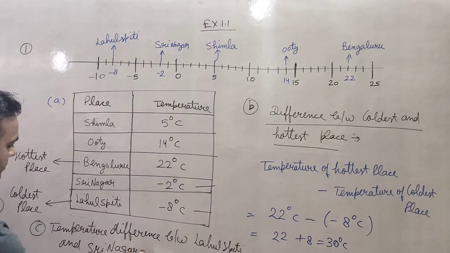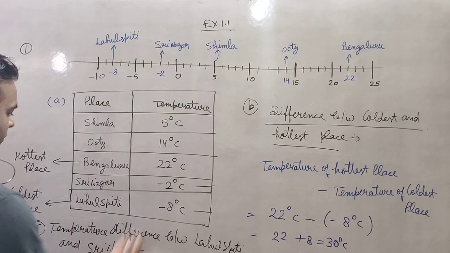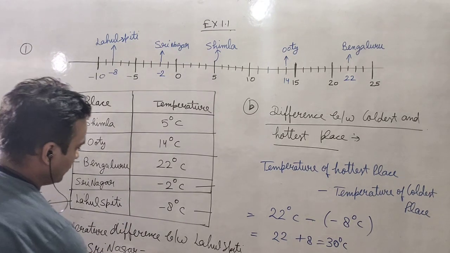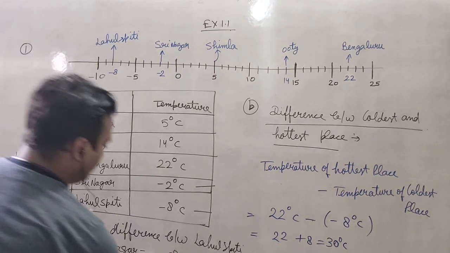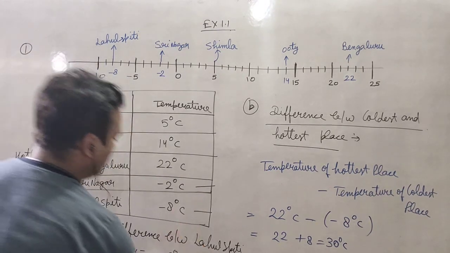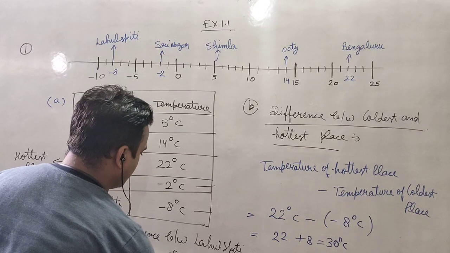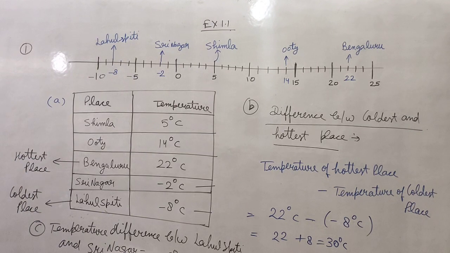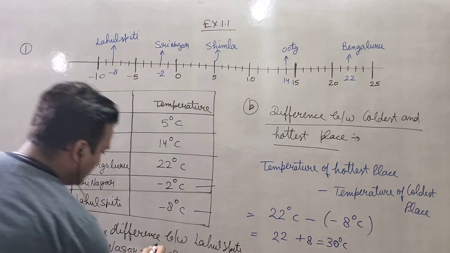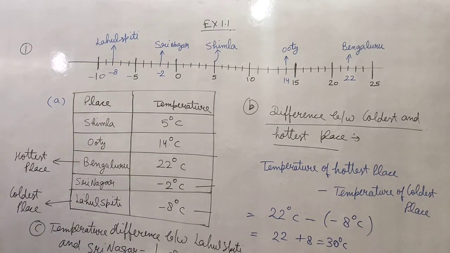So what is the temperature of Lahaul Spiti? You can write -8 degrees Celsius, minus the temperature of Srinagar. One thing is also important here: the difference of anything will always be taken in modulus form, because we have to find only the value. We are not here to find the difference in the minus form or plus form.